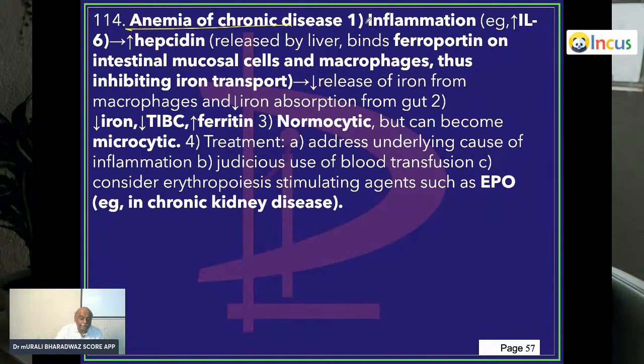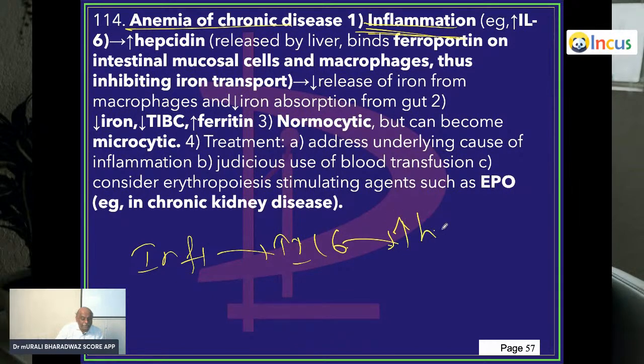Now, whenever inflammation is there, that causes an increase of interleukin 6. That will increase the hepcidin. And hepcidin is produced by whom? Hep means liver. Liver causes increased release of hepcidin.